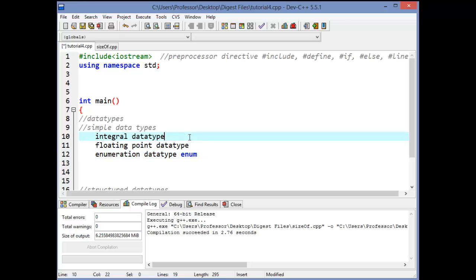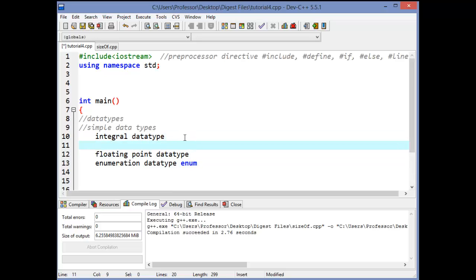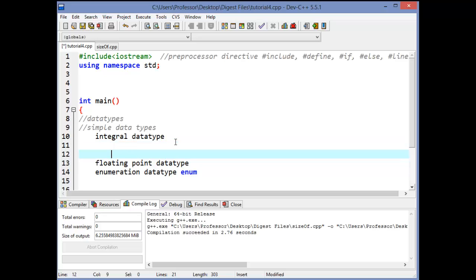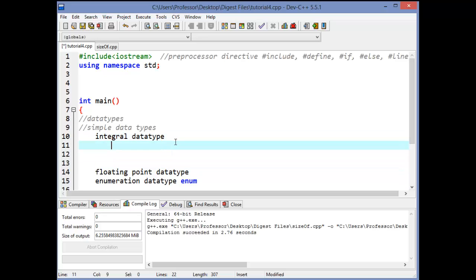Now when we talk about integral data type, it refers to integers, whole numbers, that is numbers without any decimal point. Is that okay?